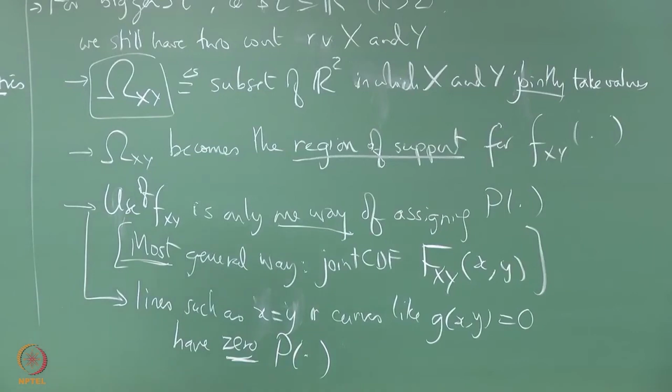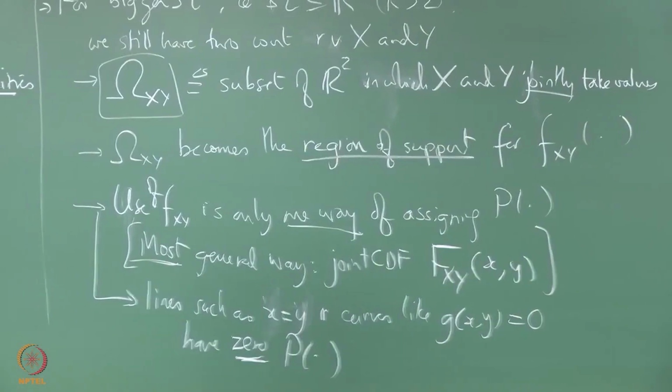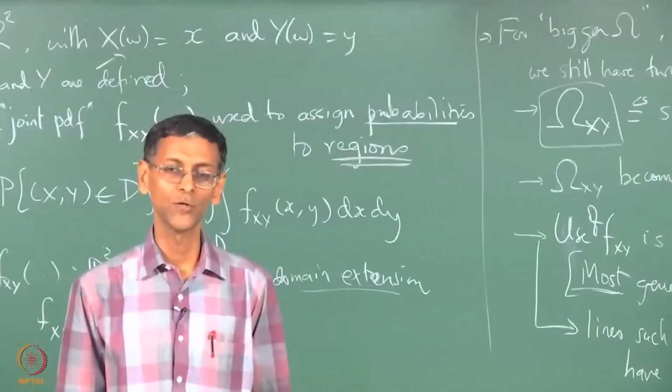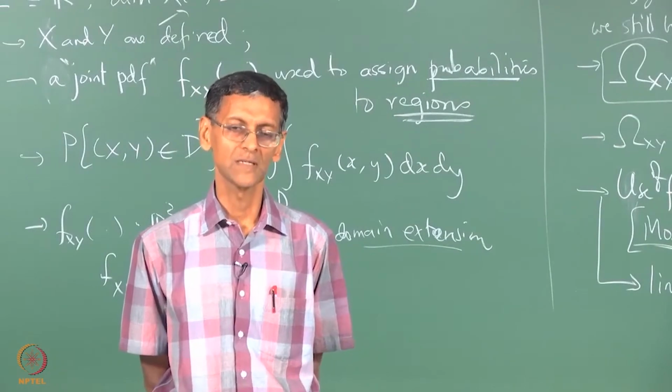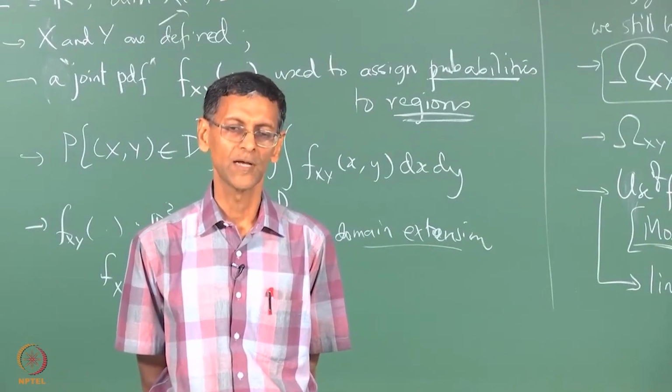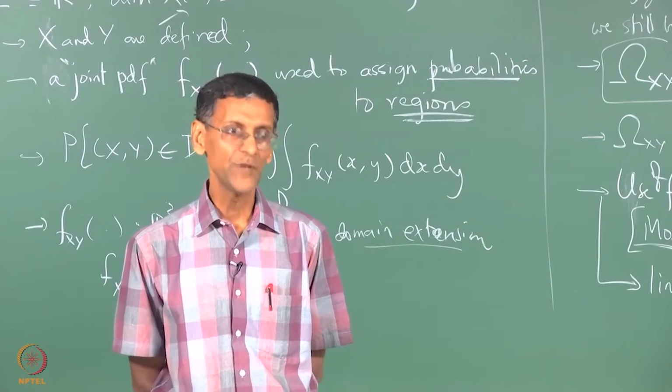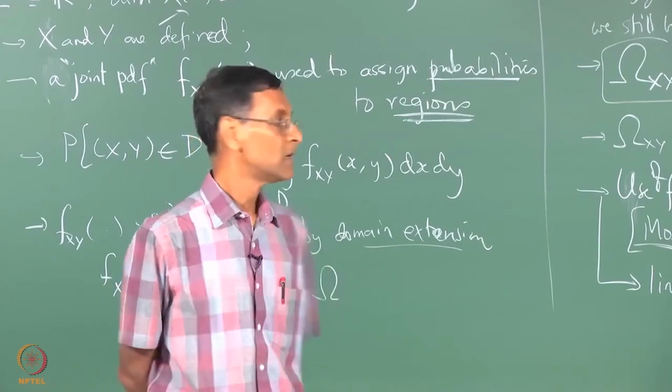This is a very important point, so please pay attention. Again, this is a question which can come at you, so you should immediately say: if you start by integrating a joint PDF like f_XY, every curve has 0 probability.